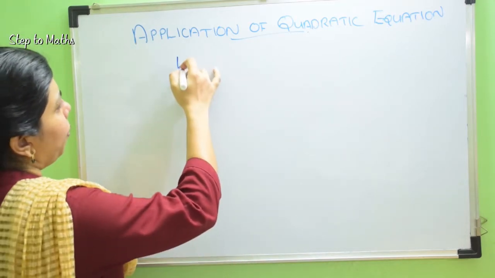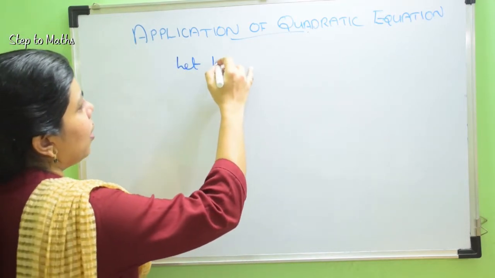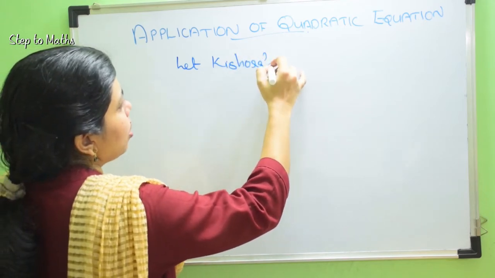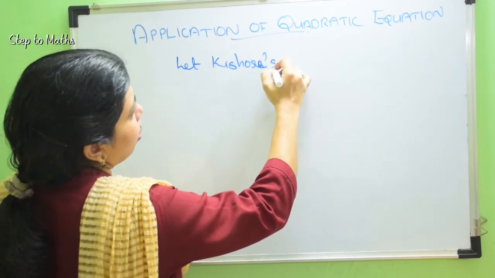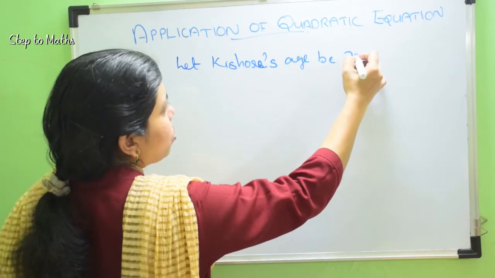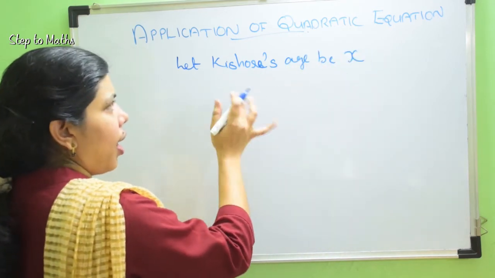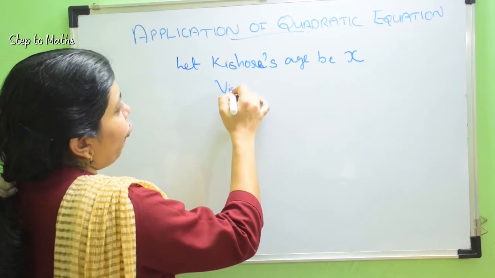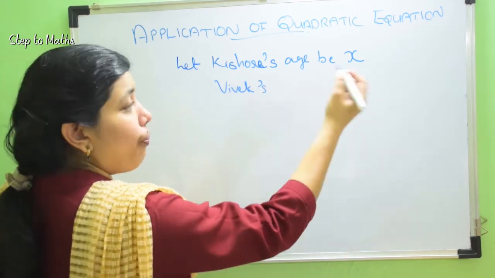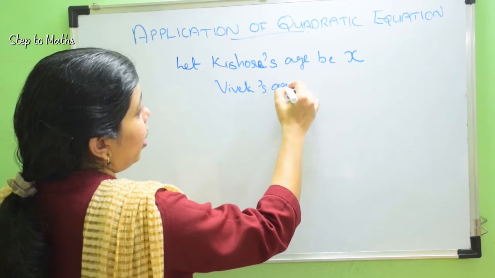So, let Kishore's age be taken as x, and given that Vivek is 5 years older than Kishore.